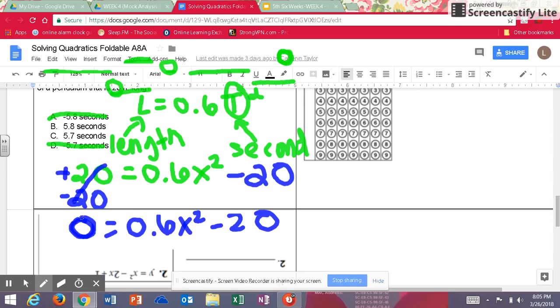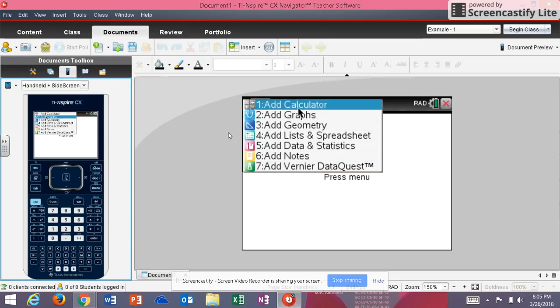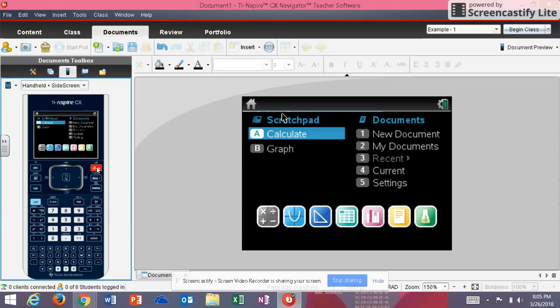So now that we've got everything on this side of the equal sign, you're going to put that into your calculator. So go ahead and get that calculator powered up. If you're on your home screen, go to New Document.